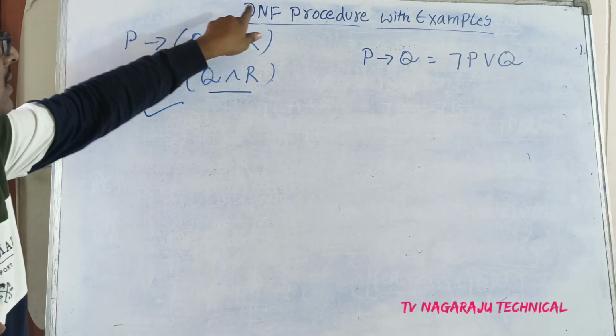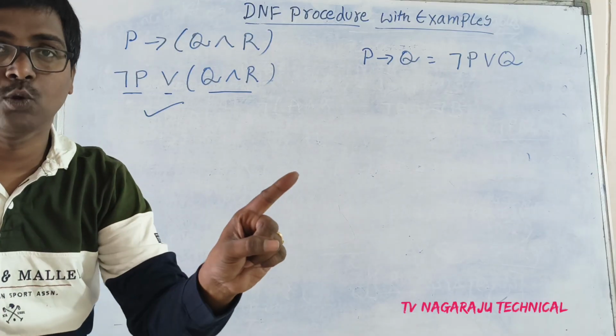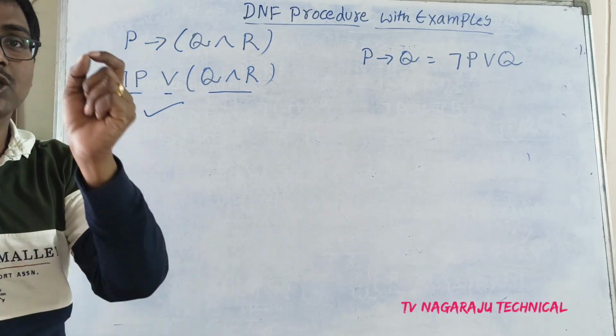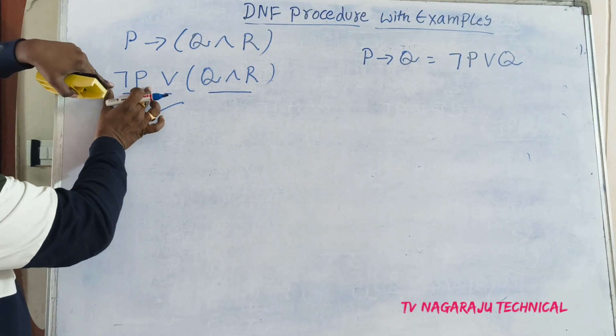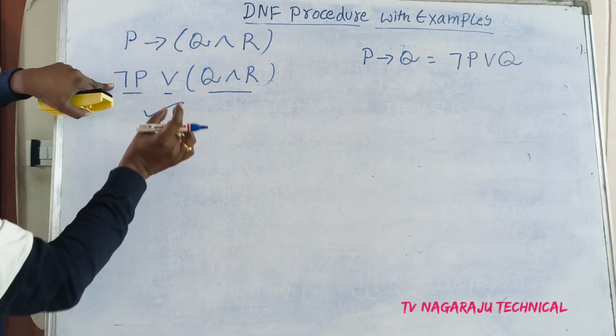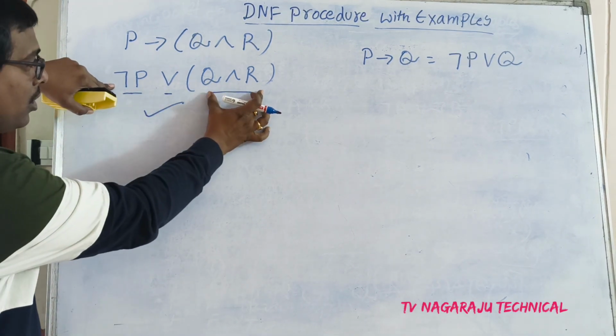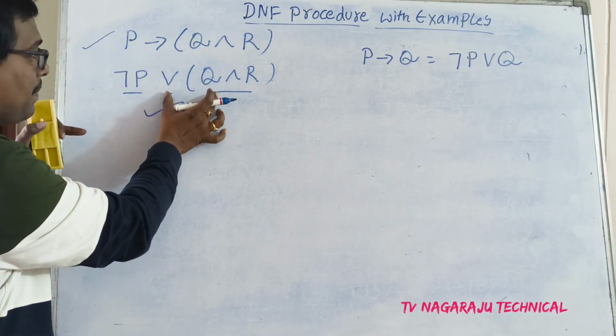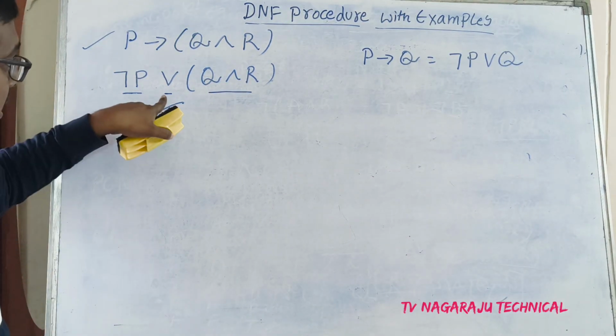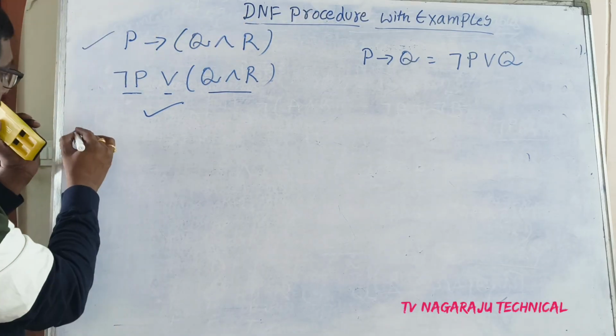I already said this is not principal disjunctive normal form. This is just a disjunctive normal form. Here each product term may contain a single literal. So, a sum of two products. Now, directly by applying the implication, we are getting the disjunctive normal form.